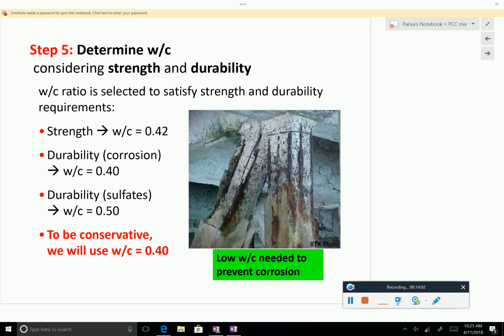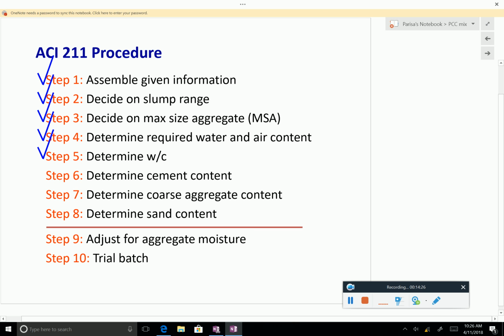If you have forgotten, which I guess some of you may have, look back and see that we found the water in one table before with slump and with MSA. Any questions about designing water cement ratio? Great. Fantastic. So we are done with that.